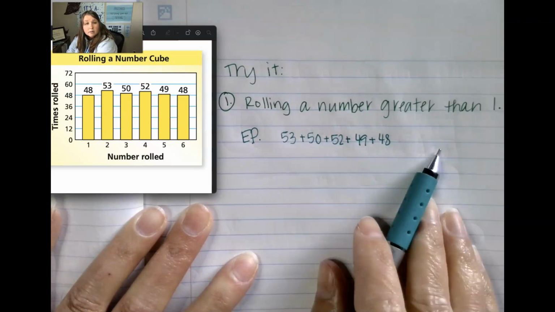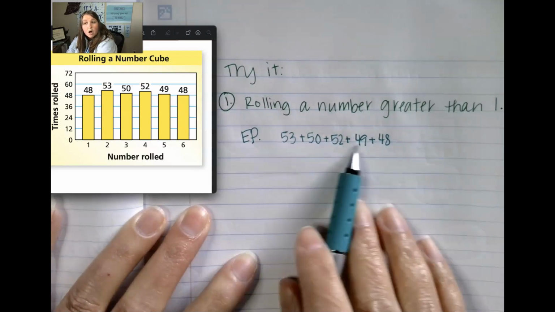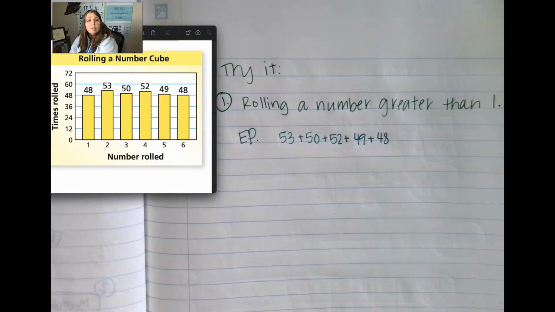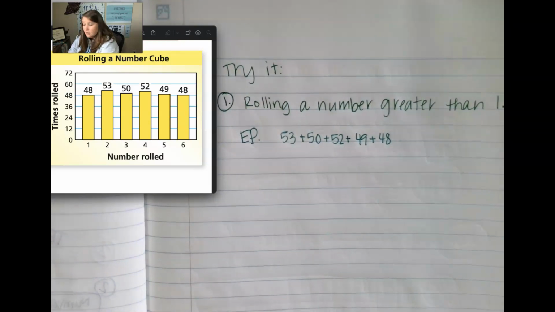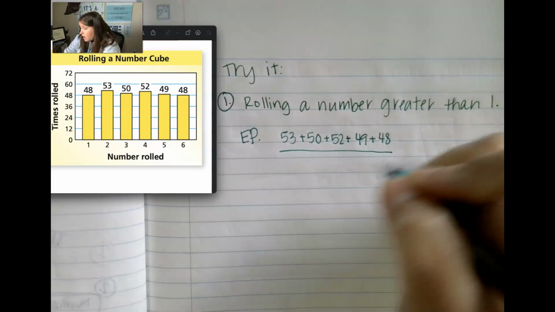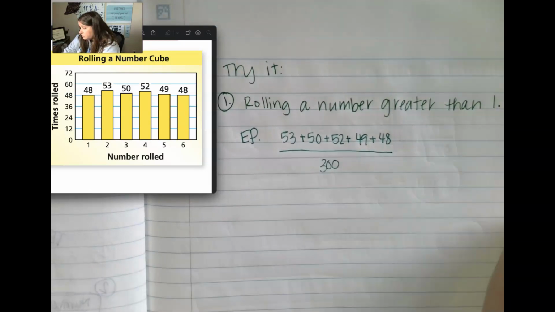So these are all greater than 1. And this is out of a total of 300 still.